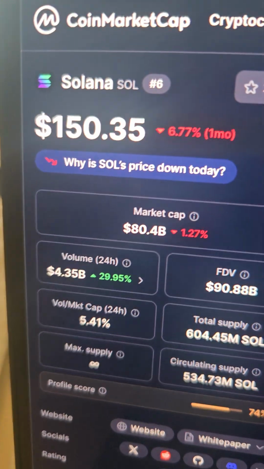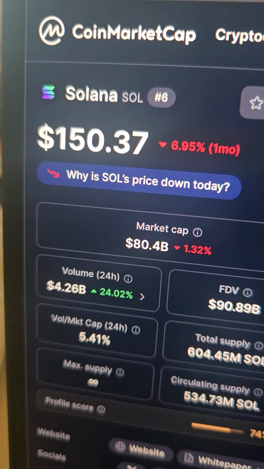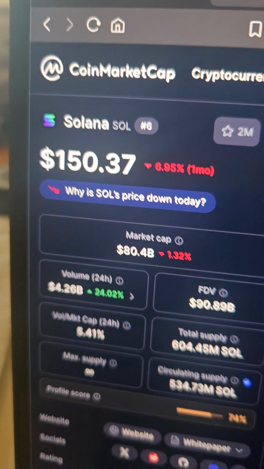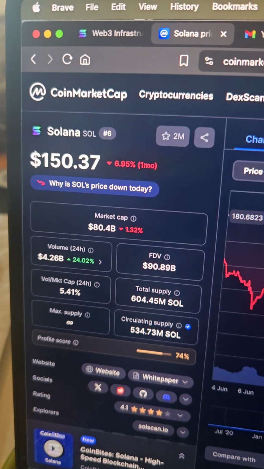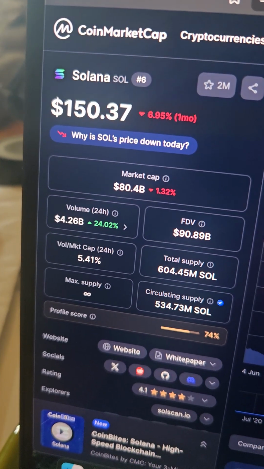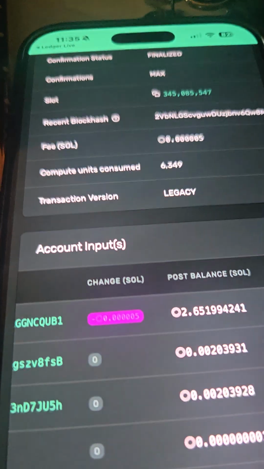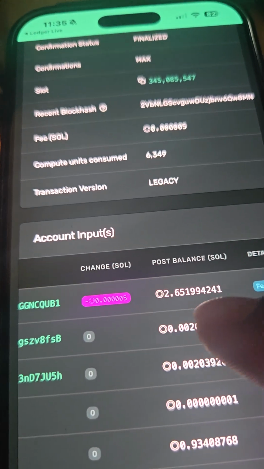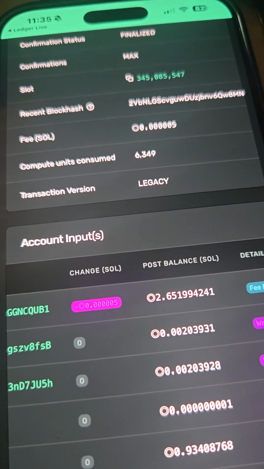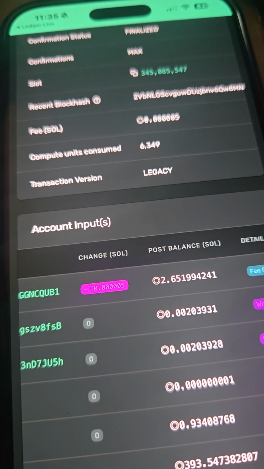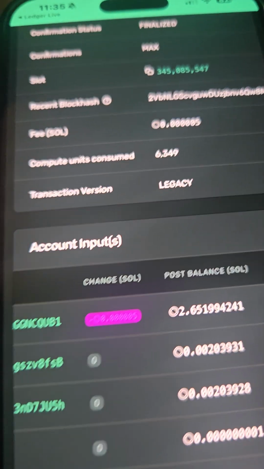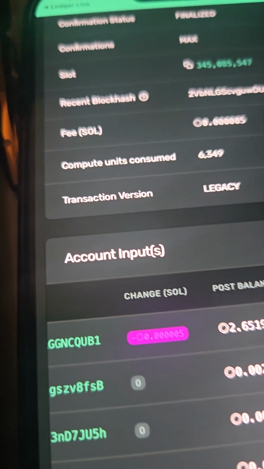So 2.5 would be about $400, right? Because 150 times 2, and then add another 0.5 would be 75. So it'd be about 375. But it says 2.65, so you're looking at probably almost $400 is about the amount of this.